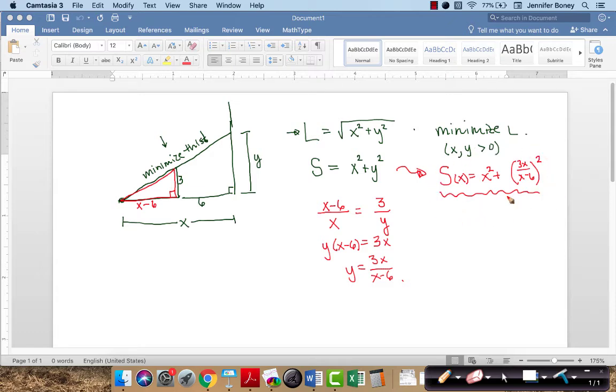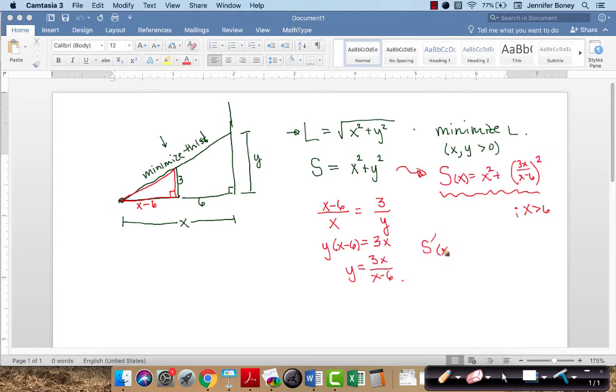If I minimize the square of the length of the ladder, then I take the square root and I get the shortest possible length of the ladder. The algebra isn't super nice in terms of solving this, but I can certainly take a derivative. The only thing I have to worry about with x is that x is greater than 6, right? So x is 6 plus some extra. I'll say x is greater than 6 as the restriction of my variable.